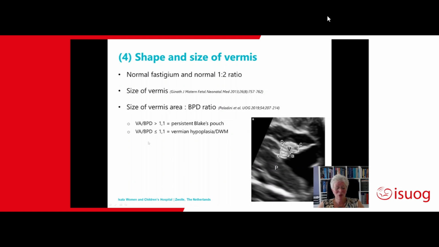And if this ratio is below 1.1, it's probably a vermian hypoplasia or Dandy-Walker malformation, which sounds logical, because if we have a persistent Blake's pouch, then we know that the vermis is normal. It's only rotated upwards. And if we have a vermian hypoplasia or Dandy-Walker, then we know that the vermis is too small.